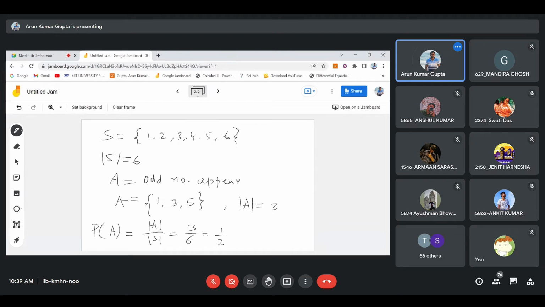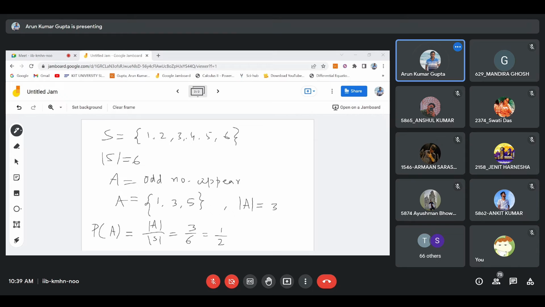Or a compound event. So remember, how do we define a simple event? A simple event is an event of an experiment which cannot be decomposed further into simpler outcomes.